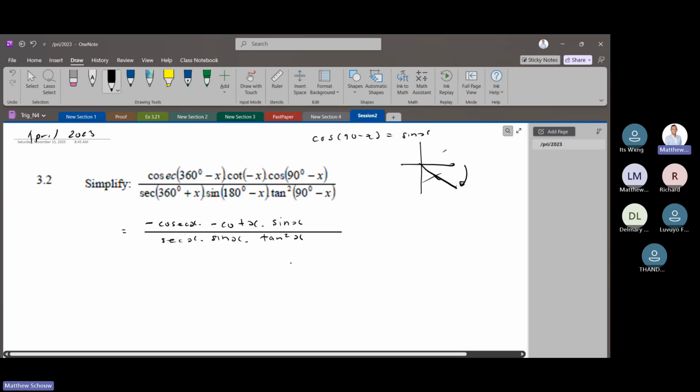But now this is where you have to expand all the individual ratios. So for instance, over here, sir, can we do that then? Tan squared 90 minus x, can we make it cot x? You mean like a co-ratio type of thing? Yes.